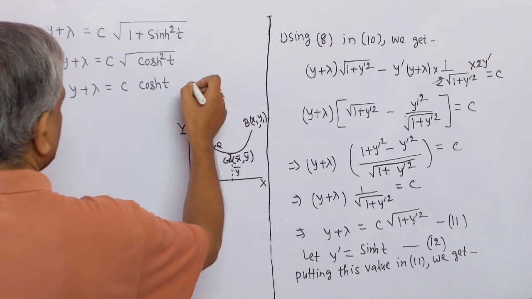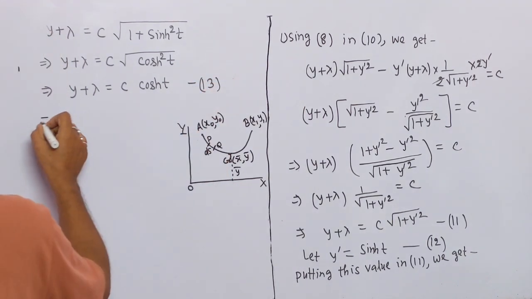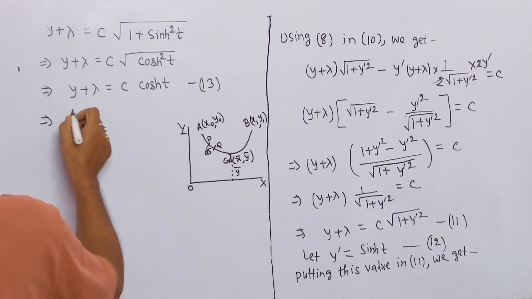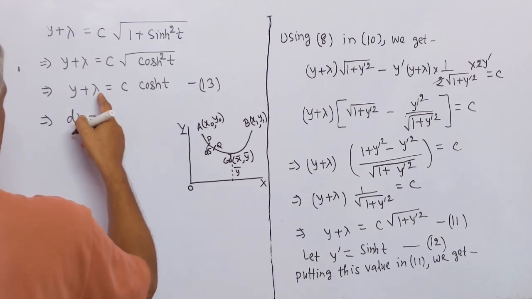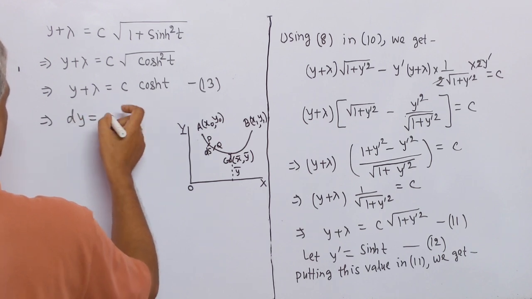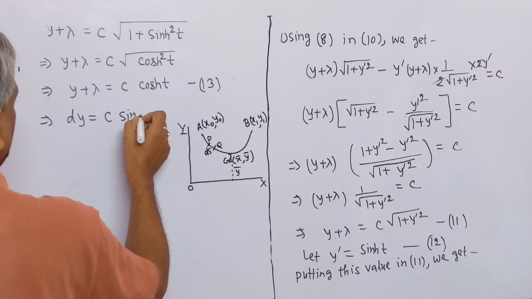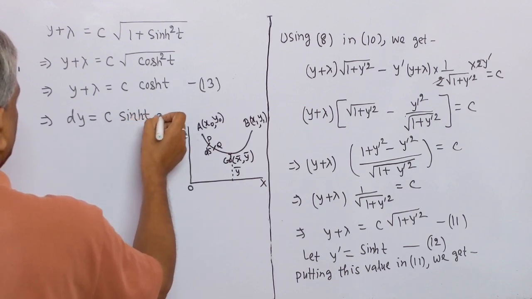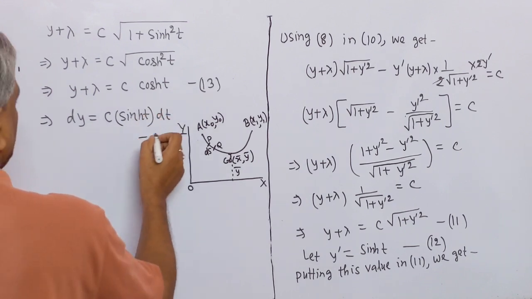This is number 13. Implies that dy equal to, this is constant lambda, here c sinh t dt. This is number 14.